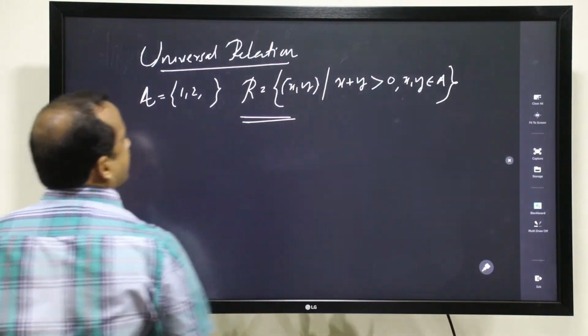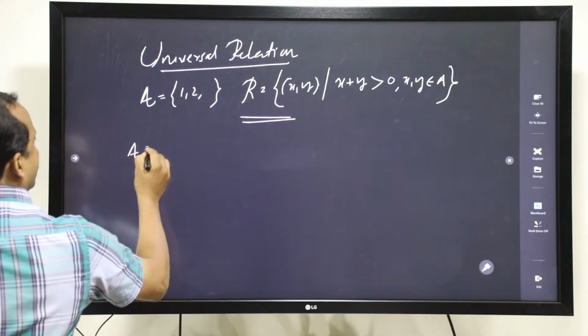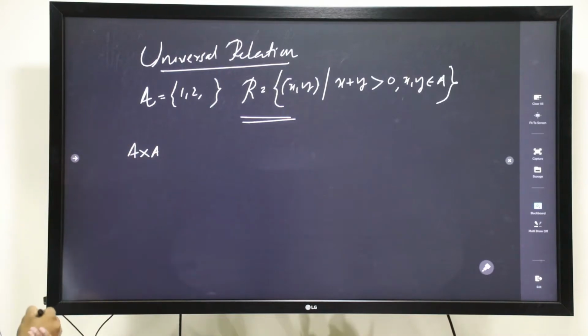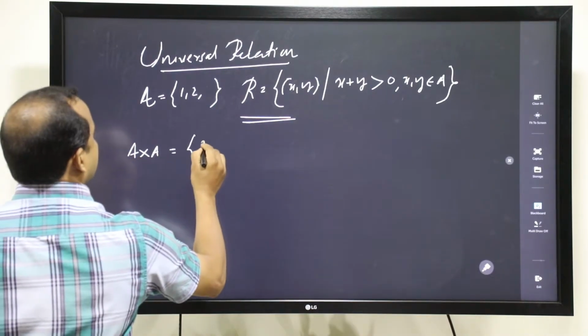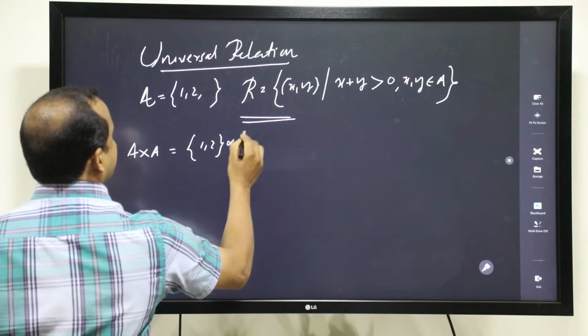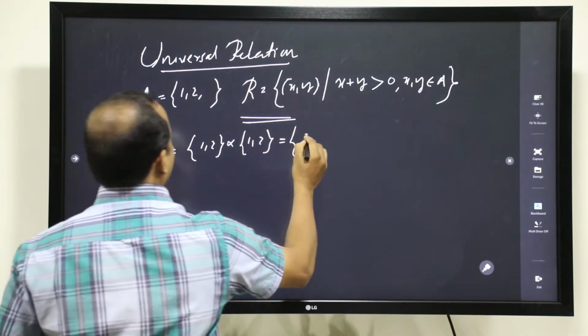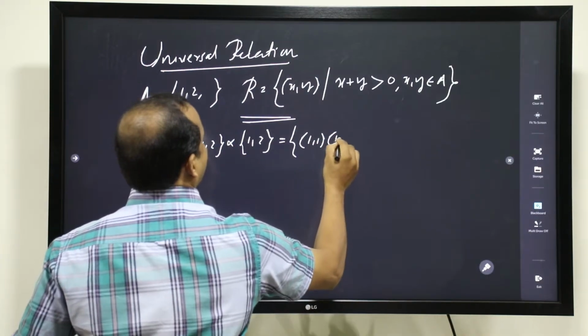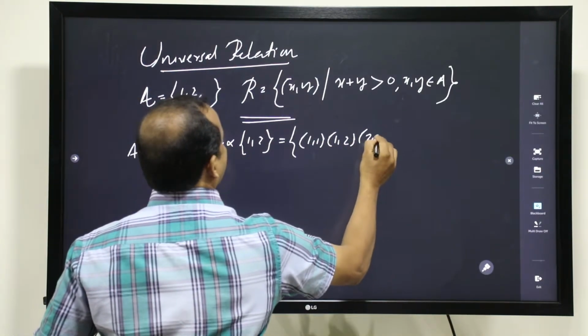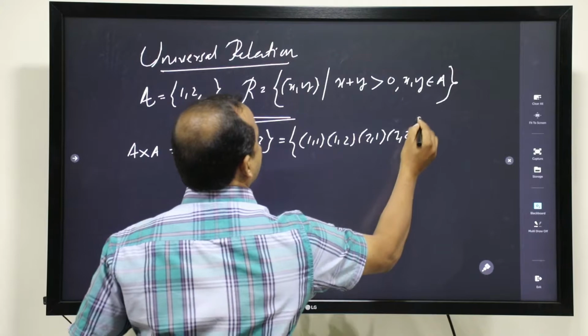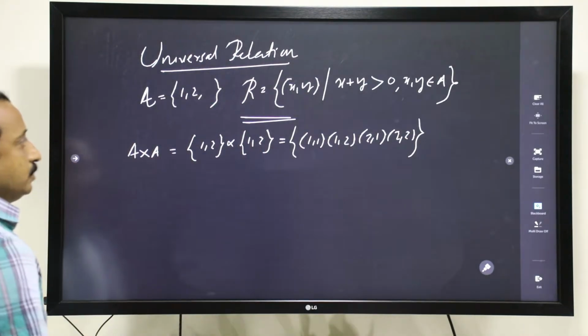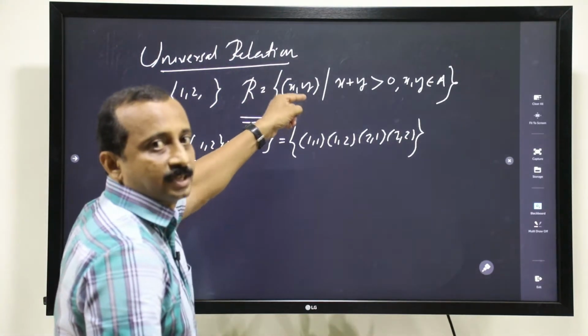First we find A cross A. That means the set 1, 2 cross 1, 2 is equal to the collection of ordered pairs 1, 1, 1, 2, 2, 1 and 2, 2. Now find the roster form of this relation.